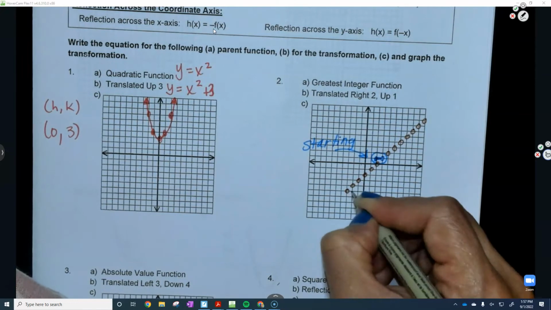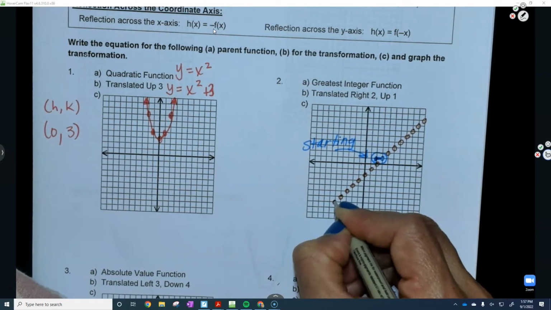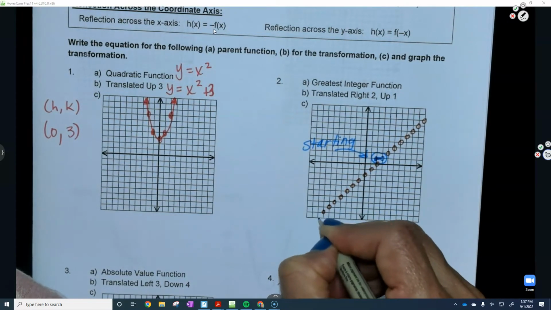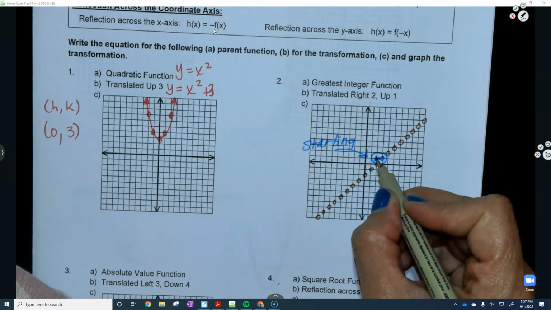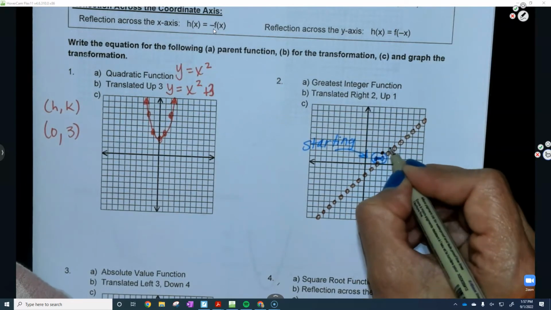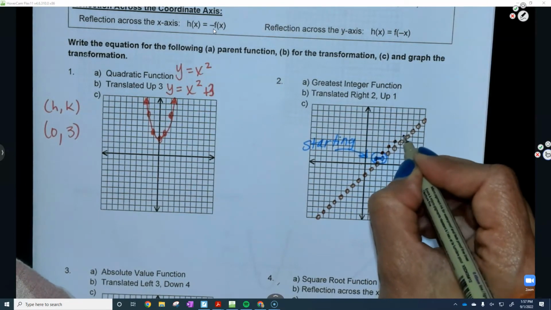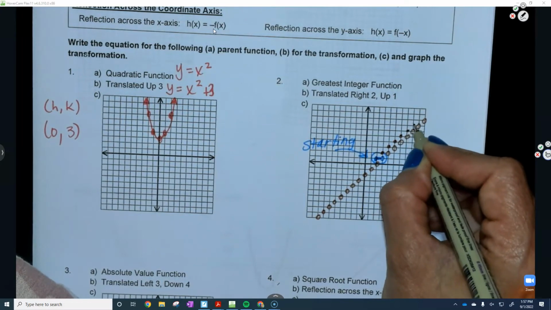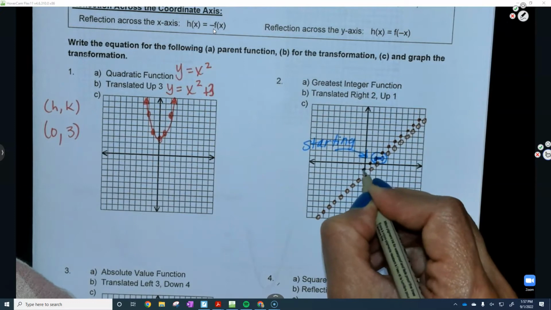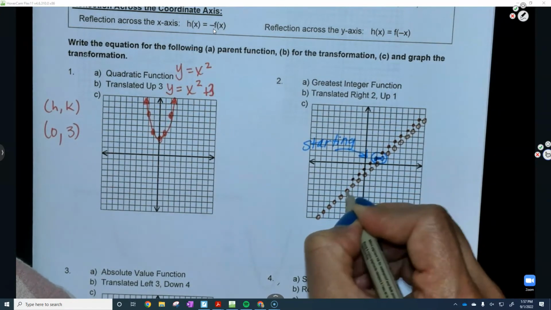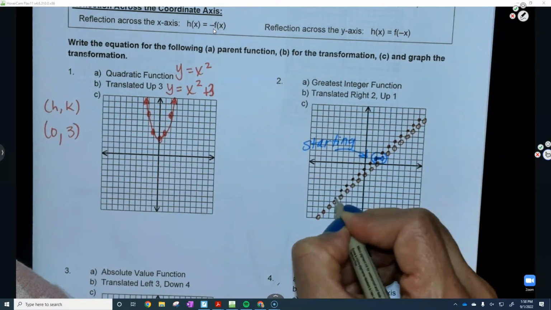Don't let your eyes jump because you might accidentally write open circles in the wrong spot. And then my closed circles are going to be along the diagonal of the first closed circle I drew. So I'm just going to go up and down, draw these closed circles. Then I'm going to go back and connect them where they look like steps, and that's going to be it.